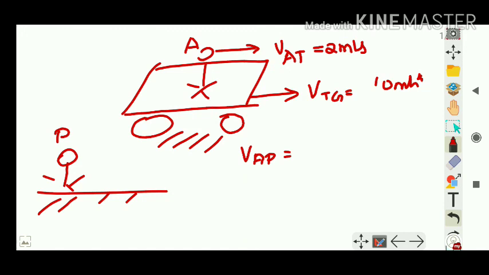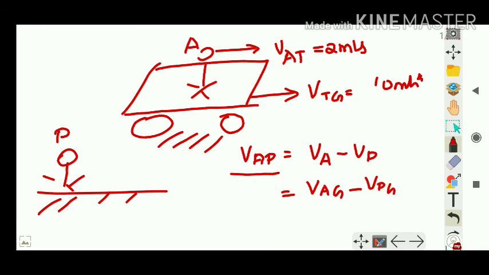So if you are asked what is the velocity of A with respect to P, this is how you write it, right? With perspective of P, what is the velocity of A? I will go for the formula straight away. I will write VA minus VP. Always write the velocity with respect to ground, so it is VAG minus VPG.